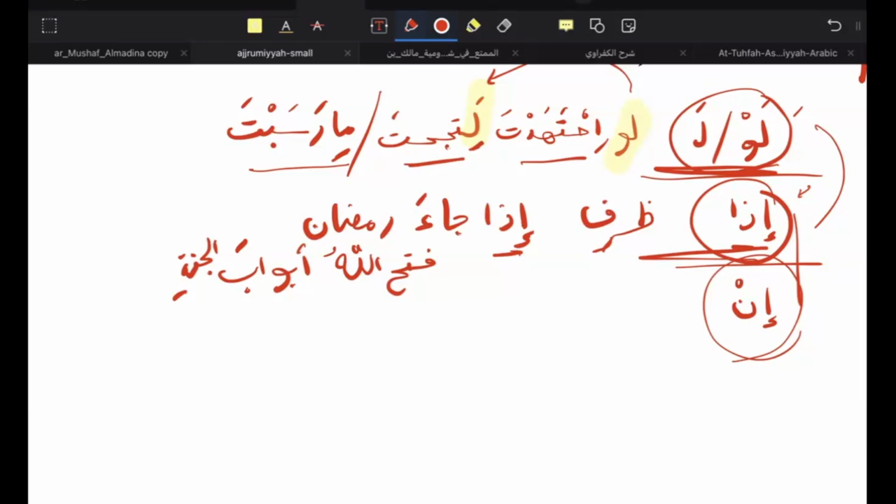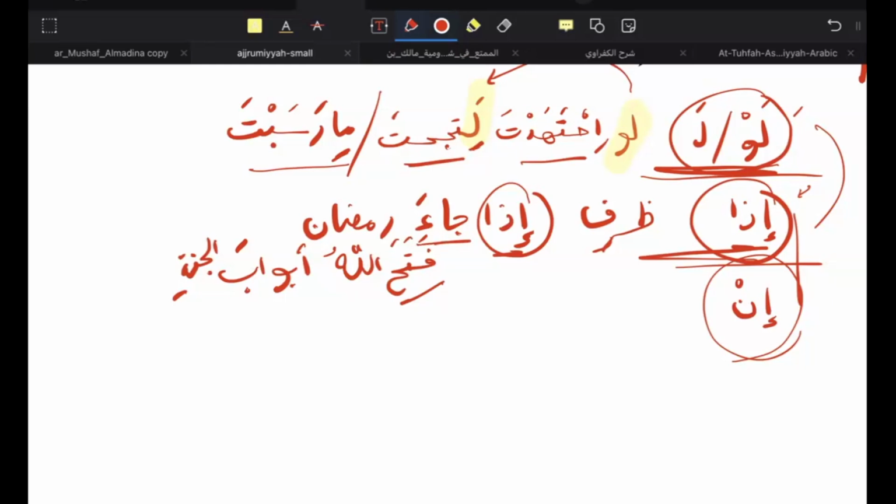When Ramadan comes, Allah opens the doors of paradise. So now look what is happening. You have the either, it's coming into the past tense verb. Ja'a is a past tense verb. This is the conditional verb. And then also the jawab of the shart is also a past tense verb, fataha. Okay. So this is how the either will work most of the time.